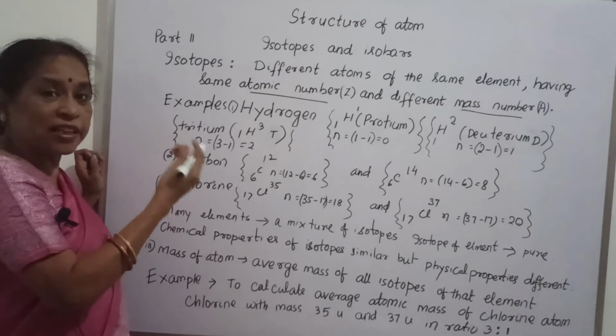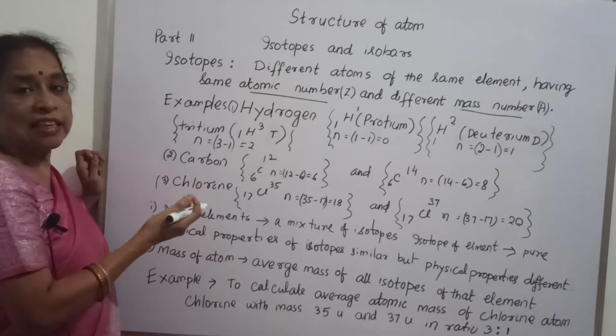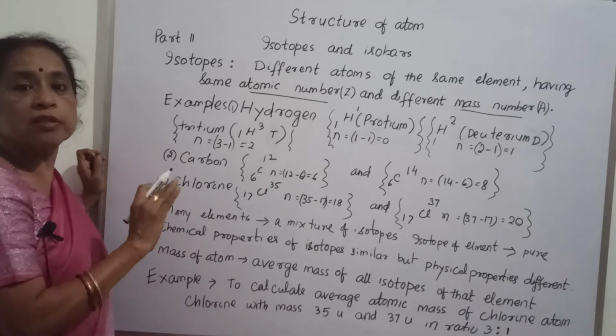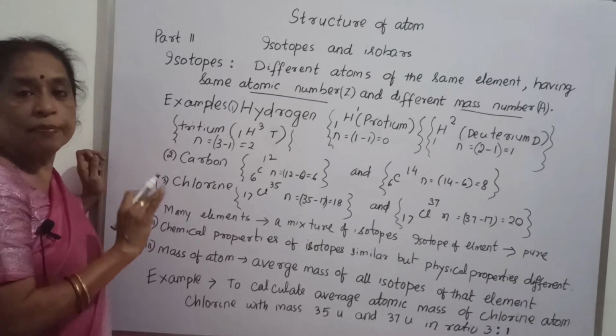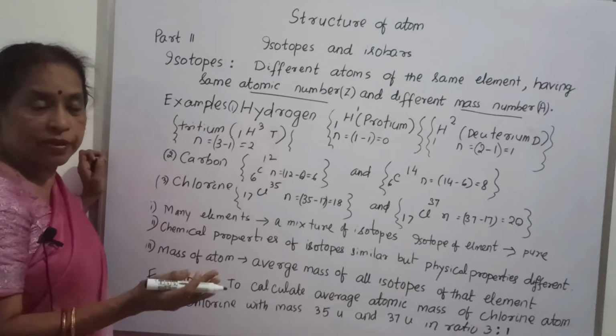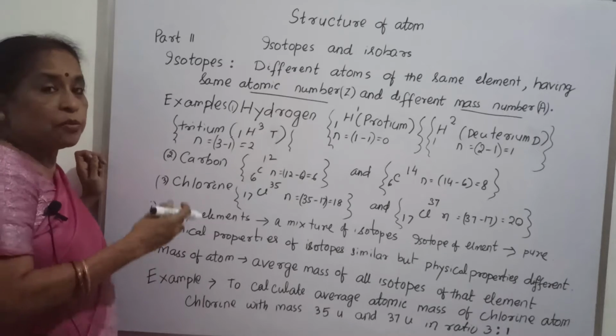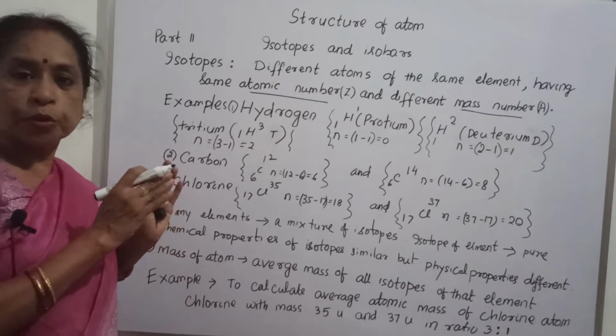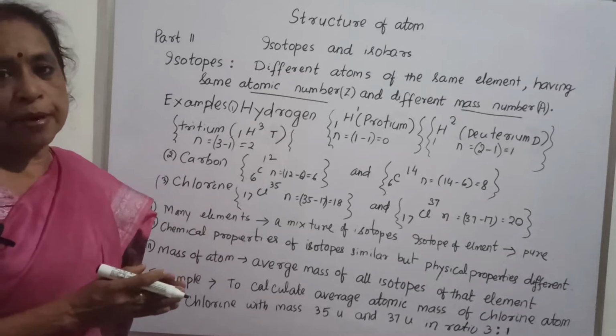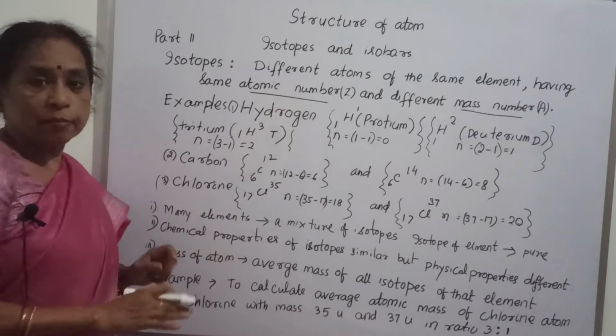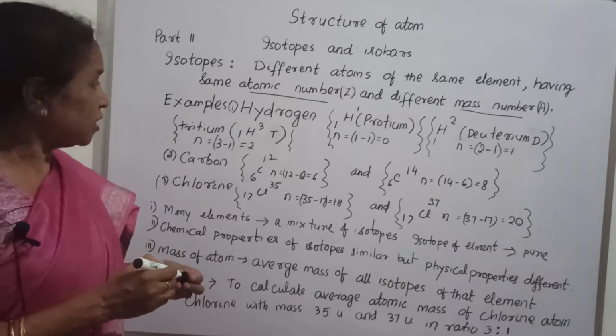That indicates that the number of neutrons is different. So what is isotopes? Isotopes mean the same element having the same atomic number but different mass number.